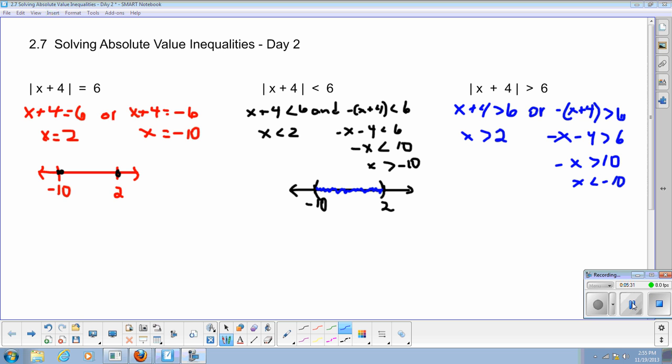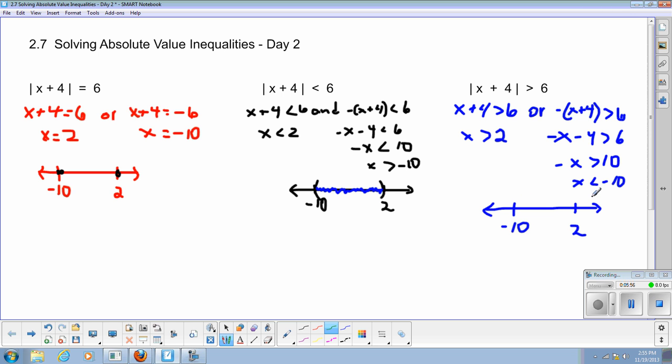Now I'm going to make a number line and we'll do our shading on the number line. I'll put my points at negative 10 and positive 2. Now we're going to deal with our shading. I have just a plain greater than and less than sign.